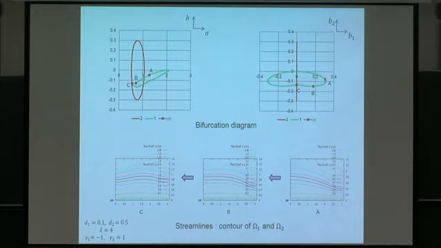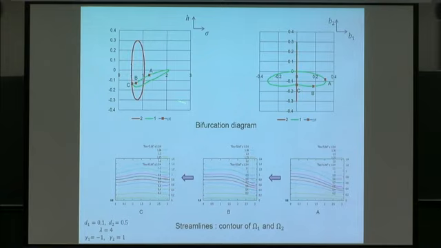At the beginning, 2 examples as an introduction. Regardless of the values of these parameters, please pay attention to the bifurcation diagram and streamlines. In the left diagram, the horizontal axis represents sigma and the vertical axis represents the norm of h.